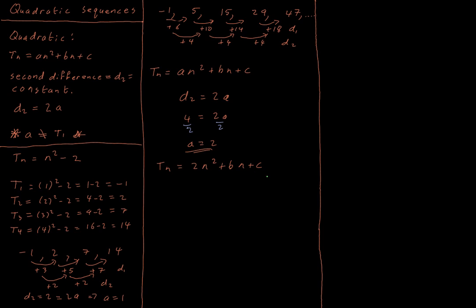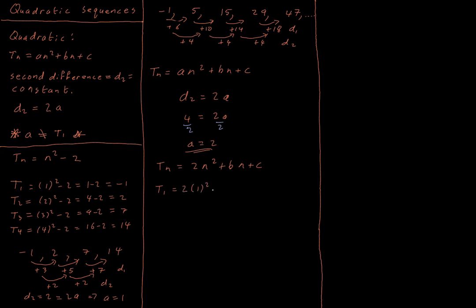So how are we going to do that? Well, we're going to use simultaneous equations. And the way that we're going to do it is, we know that this pattern should give us all of the terms in this list. So what does that mean? Well, it means when n is 1, our formula should be equal to -1.